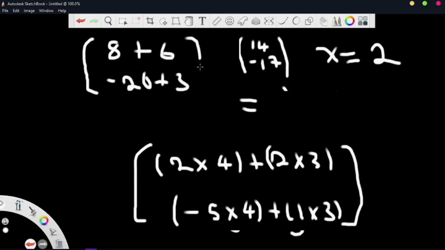So when I add 8 plus 6, that is 14, which is here. So I have proved it. And then when I say negative 20 plus 3, I get negative 17. So then my answer too was correct.